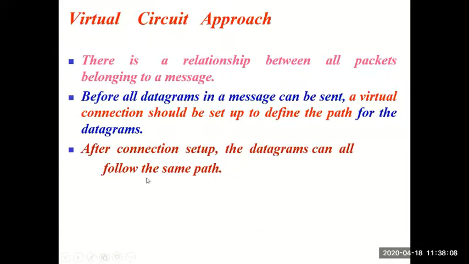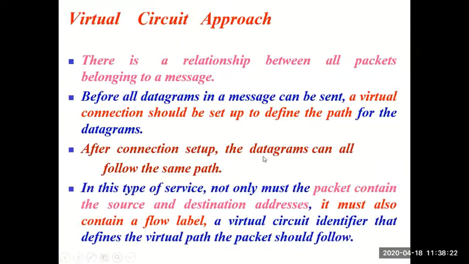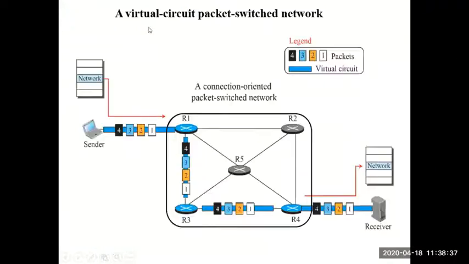In that case, we have to establish a virtual connection between the source and destination, and that method is known as the virtual circuit approach. We have 3 phases for the virtual circuit approach: the setup phase, the data transfer phase, and the teardown phase. So there will be 3 steps to establish this virtual connection between the source and destination. Let us see how this works.